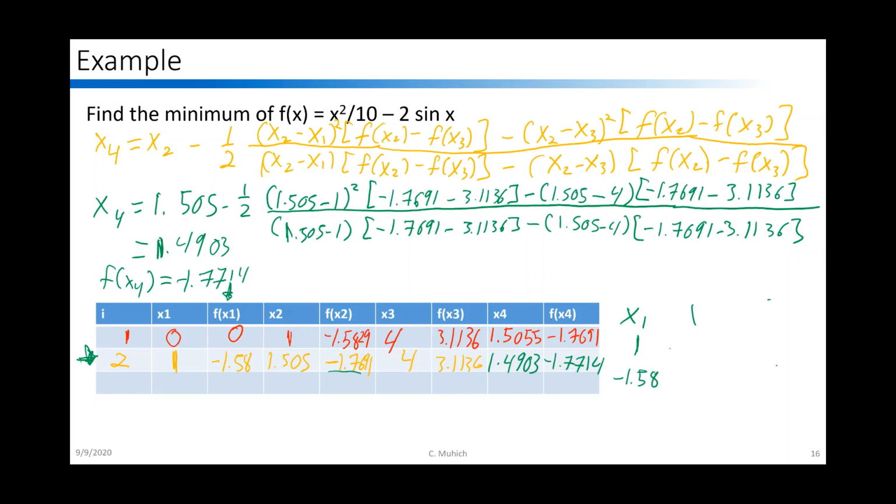If I go next to my number line, I have x4, which is occurring at 1.49 and a value of negative 1.77. Now comes x2, 1.505 with a value of negative 1.769, and then finally x3, which was sitting at 4 and had a value of 3.1136.